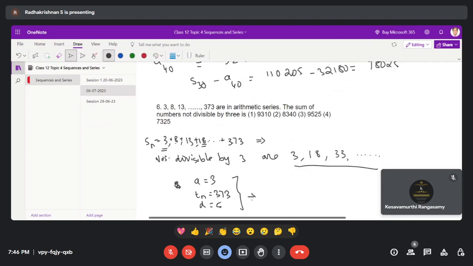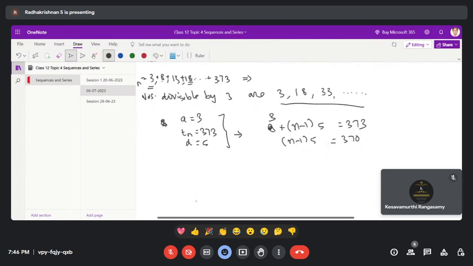So we have to find out the value of n, right? So Tn equal to A plus n minus 1 into D. And A is 3. 370 divided by 5 is 74.